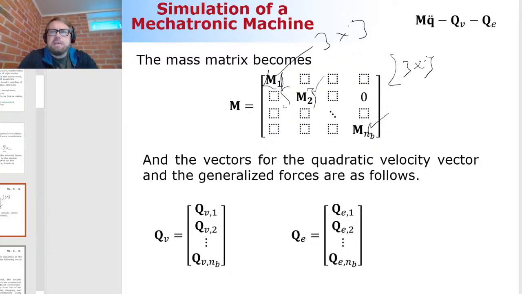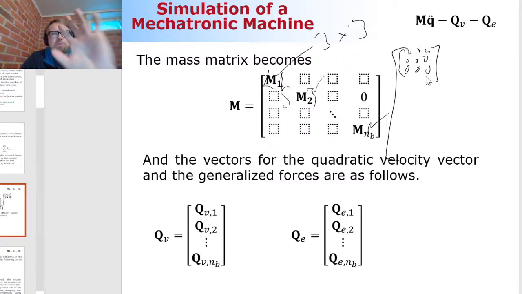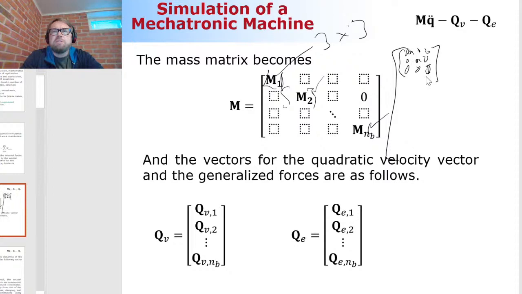Oh my god, the writing is very bad. Let me take this off because it looks nasty. Okay, so I have my big system matrix. Here I have my 3 by 3 block matrix that belongs to body number 1. Of course, it's not the zero matrix. Let me put it here, mass inertia.